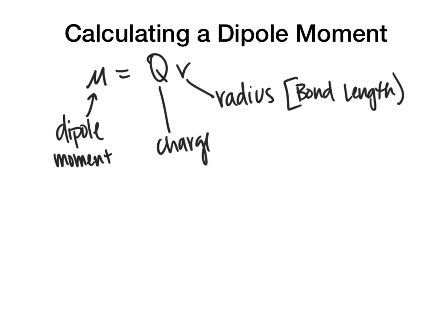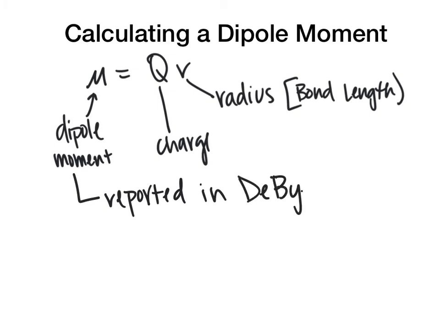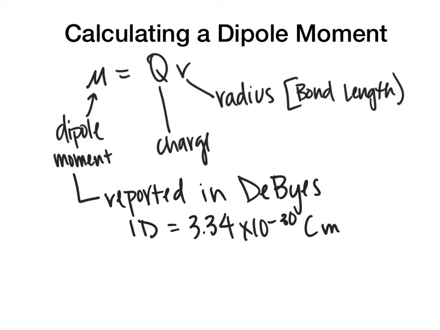And so when we think about Q, dipole moments are reported in debyes. And so 1 debye is equal to 3.34 times 10 to the negative 30th coulomb meters.